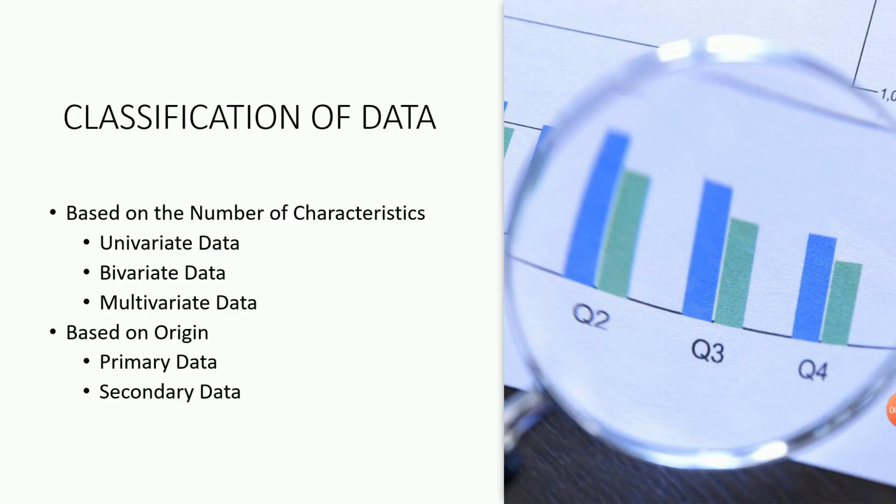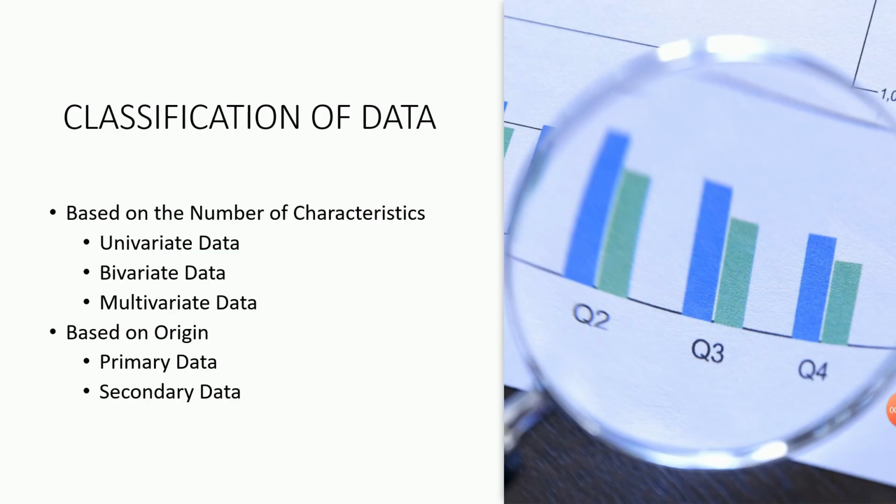Multivariate means each data point can provide different values, such as gender, age, and all those things. And lastly, based on origin, primary data or secondary data. I hope you know what primary and secondary are. So these are the different classifications of data by which we can categorize it.